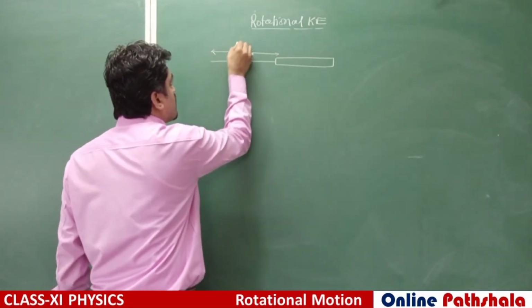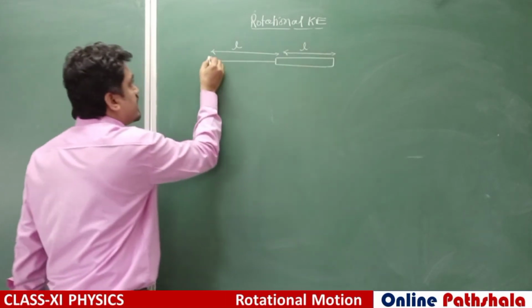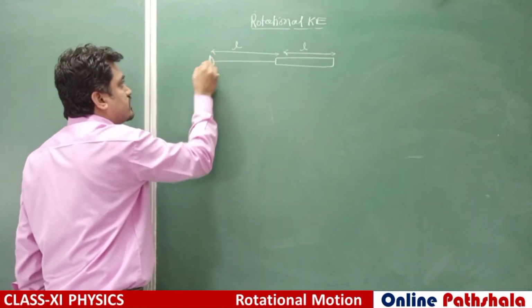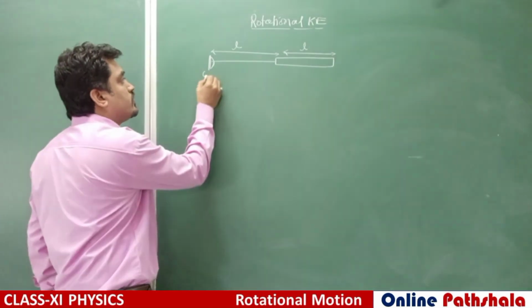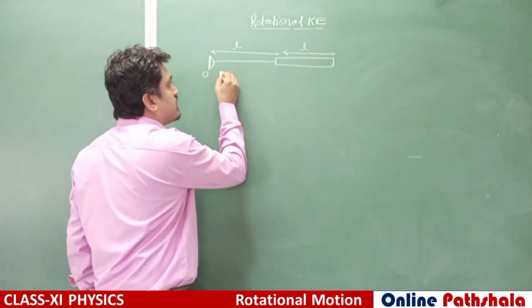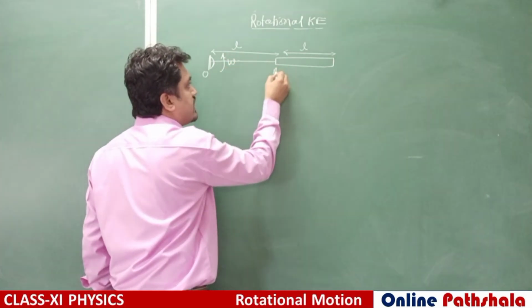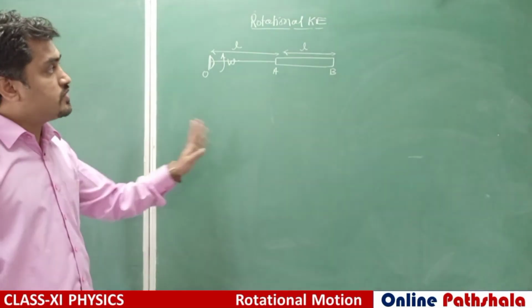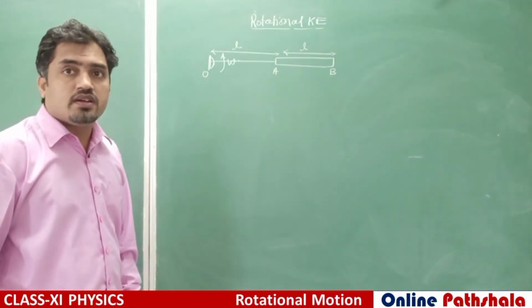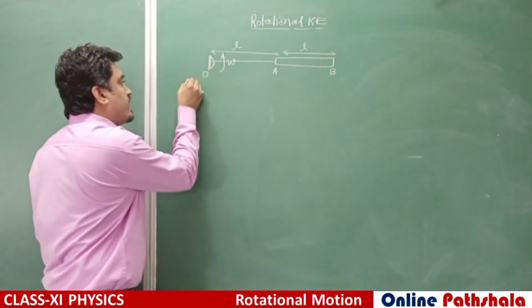The lengths of these two rods are the same, and this system can rotate about this end O with speed omega. Let us consider this point A and this point B. We have to find the kinetic energy of the system.